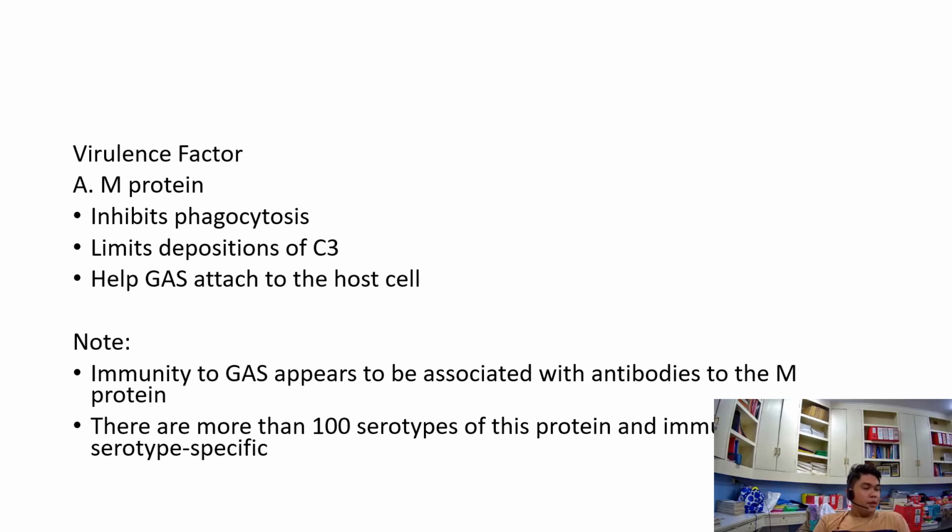Next, it limits the deposition of C3. C3 is a complement protein. Remember, the function of our complement system is to lyse the antigen. In strep pyo infection, the antigen is the Streptococcus pyogenes bacteria, so the host will produce complement to lyse it.